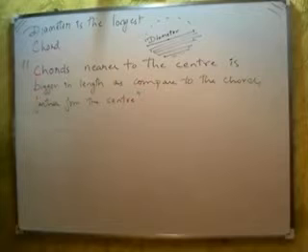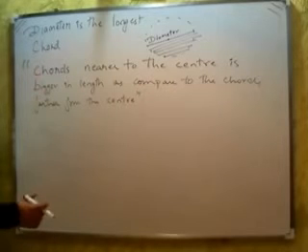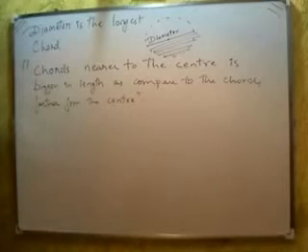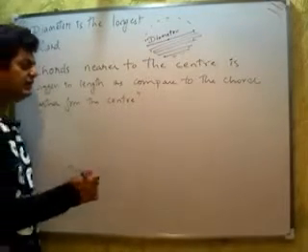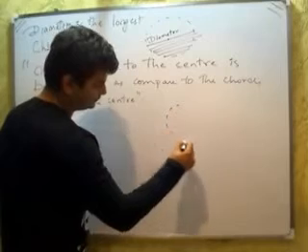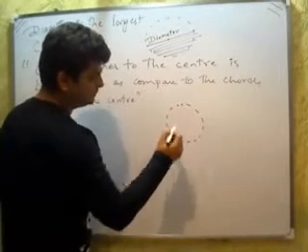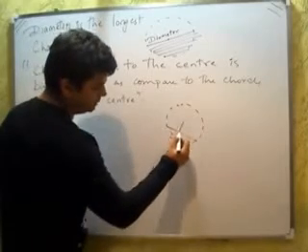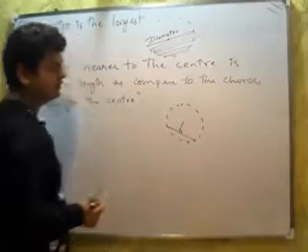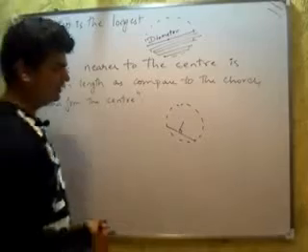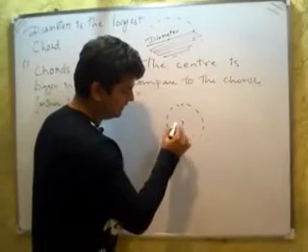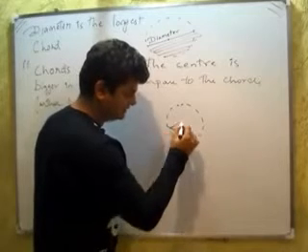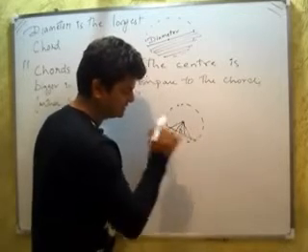Now, how can we say that some chord is farther or some chord is nearer to the center? We can say that the chord is measured from the center by the perpendicular distance. See, this point and this line can be measured by this distance, this distance, this distance.